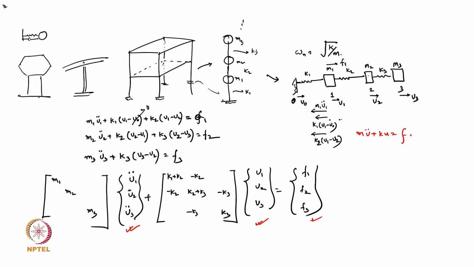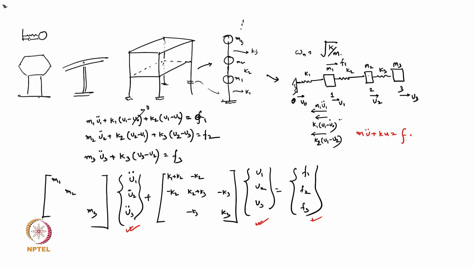Now, the interesting thing is that the mass matrix is primarily diagonal here, because we have already lumped the masses. Wherever the mass is, if you displace it, it will give the inertia. That inertia effect is not coming on the other masses directly.